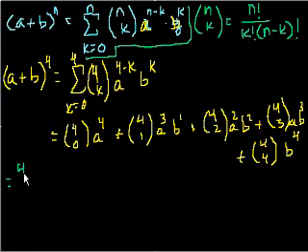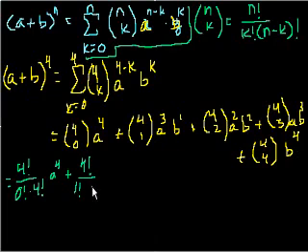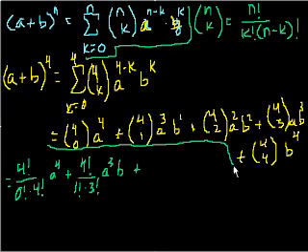So this is equal to 4 factorial over 0 factorial times 4 factorial, right? 4 minus 0 is 4, a to the fourth, plus 4 factorial over 1 factorial times 3 factorial, right? 4 minus 1 is 3 factorial. A to the third b, plus, I know this is getting a little tedious, but I think it's good to completely work through one entire problem, plus 4 choose 2, that's 4 factorial over 2 factorial times 2 factorial, right? 4 minus 2 is 2.